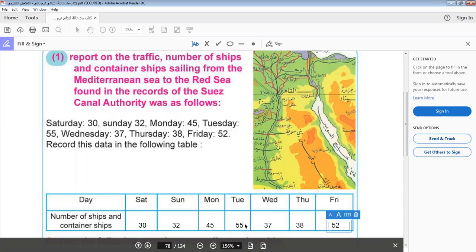So 55 is the greatest, on Tuesday, and the smallest is 30 ships on Saturday.